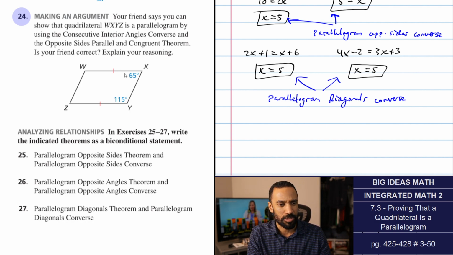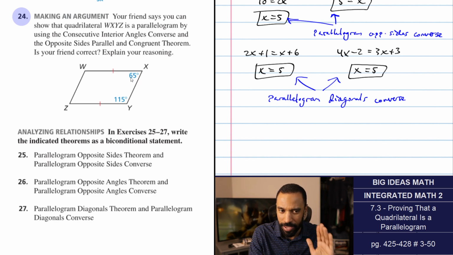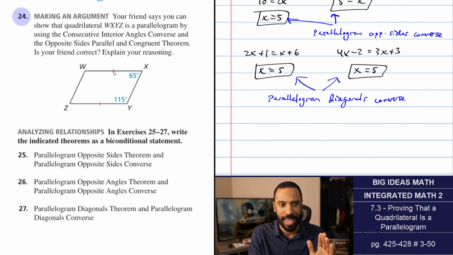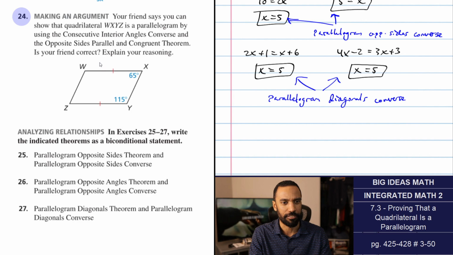But I'm thinking on the same side interior angles, if these are supplementary, then great. But they're doing a different method. They're saying, what if I use these guys here congruent and said supplementary, which is the converse, and then said these sides were congruent here, would that be enough information?